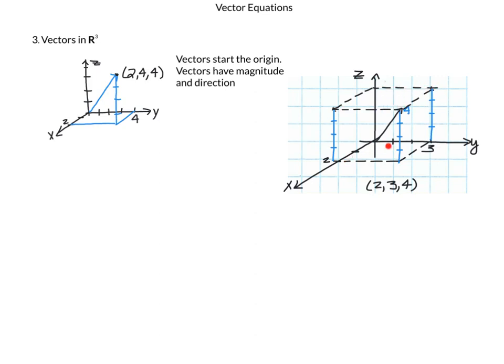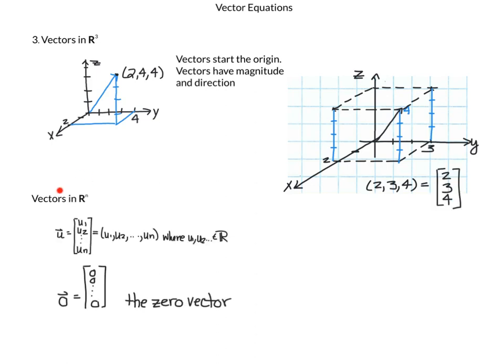And then, of course, at the bottom of the box, where the point 0, 0, 0 is, I have the plane z equals 0, the plane y equals 0, and the plane x equals 0. And at this corner of the box, I have my point 2, 3, 4. As we transition into Rn, I'm just going to say this 2, 3, 4 can also be represented as this column vector 2, 3, 4.